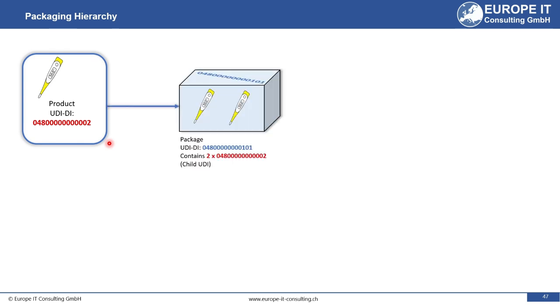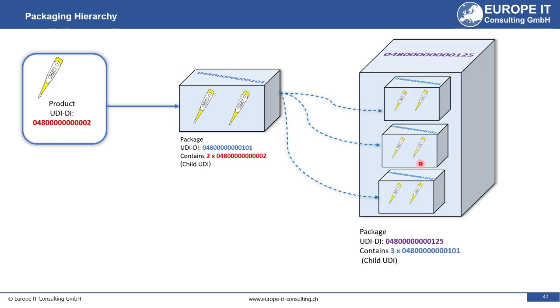At the next level, the intermediate level, we have two thermometers packed together. It contains 2 times the single unit, and this package has its own UDI-DI code, as you see here. Usually we talk about the child UDI for the inner package.